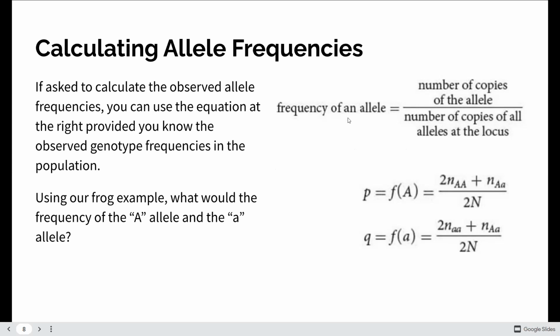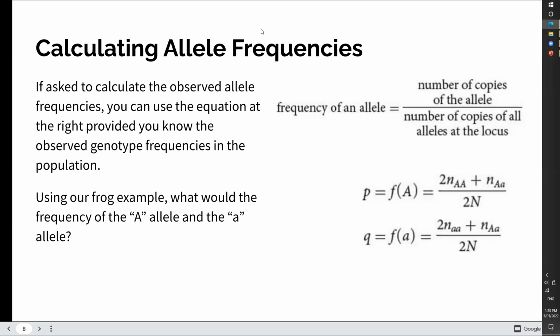The frequency of an allele is the number of times we see that allele divided by the number of alleles in that population. It should be pretty intuitive, I guess, maybe not. That's why people are asking about it. So calculating it... go forward, please.